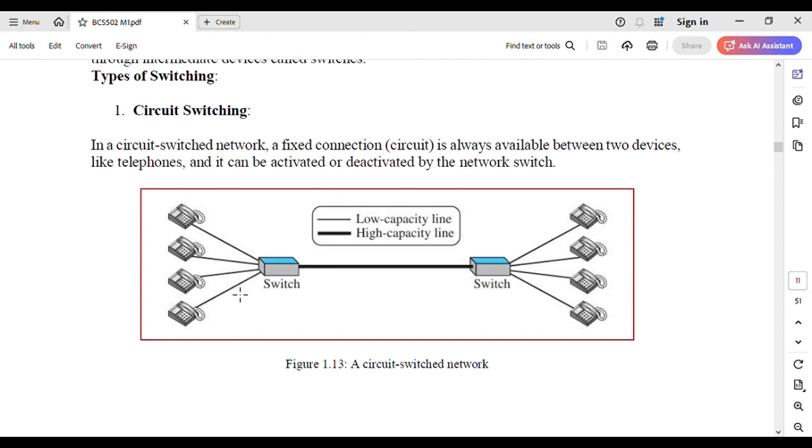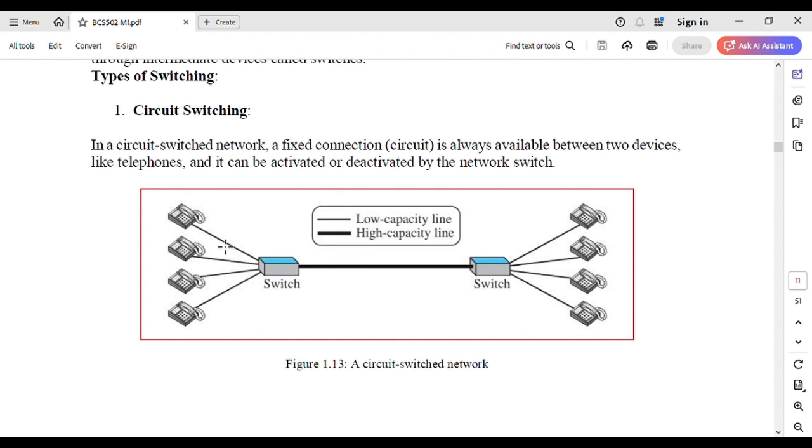If any problem occurs, you need to know where the damage has happened to the corresponding wire. This approach is rarely used now, and it has been replaced with optical fiber communications. In this diagram there are two different capacity lines.